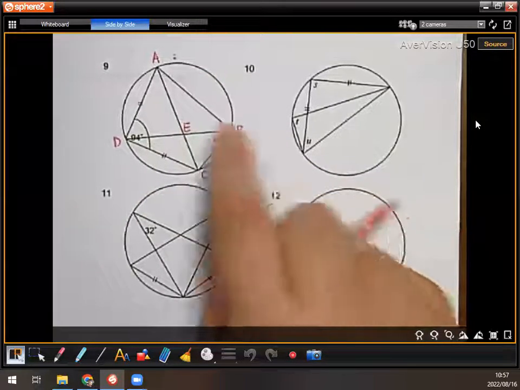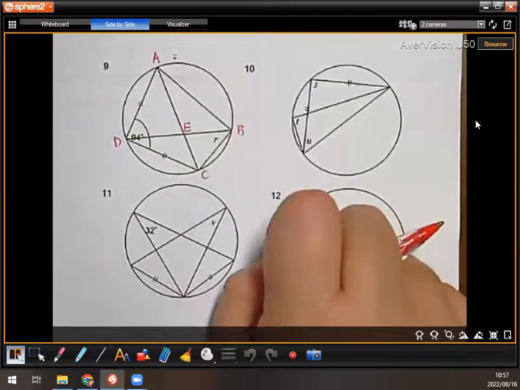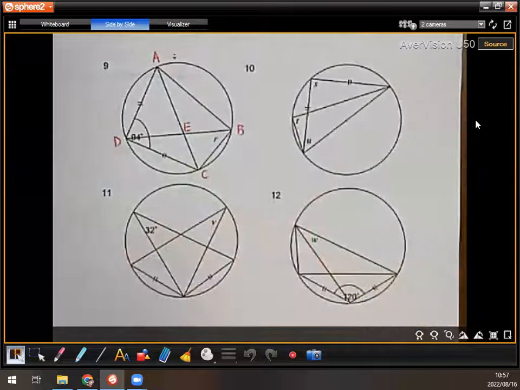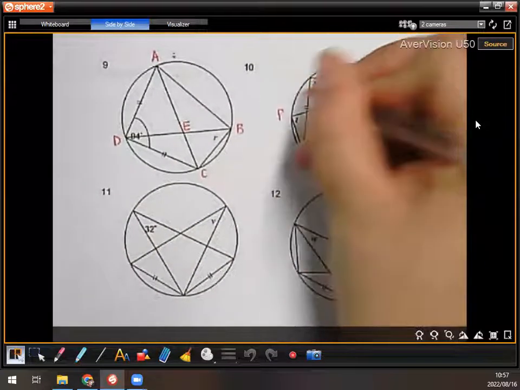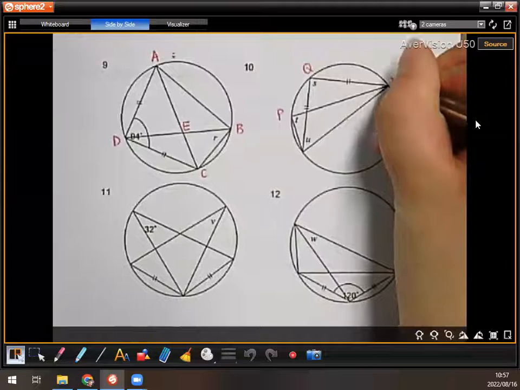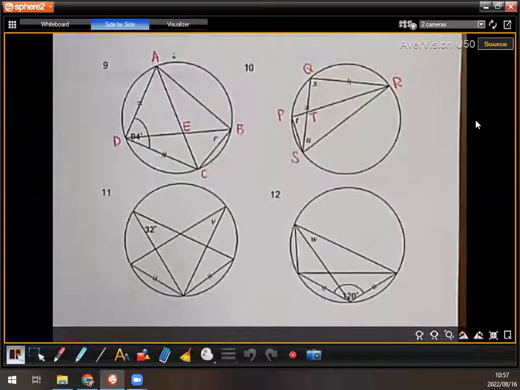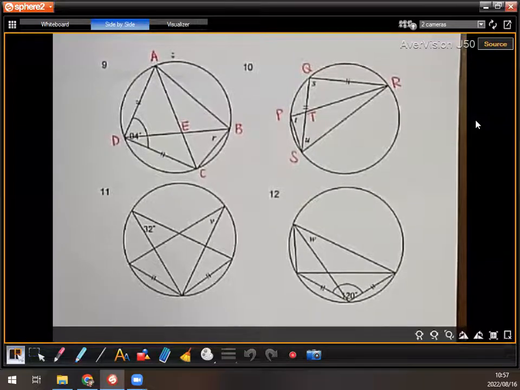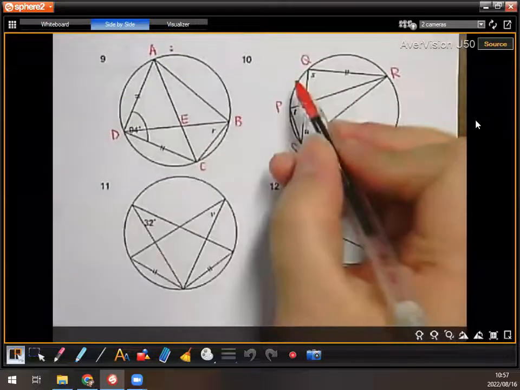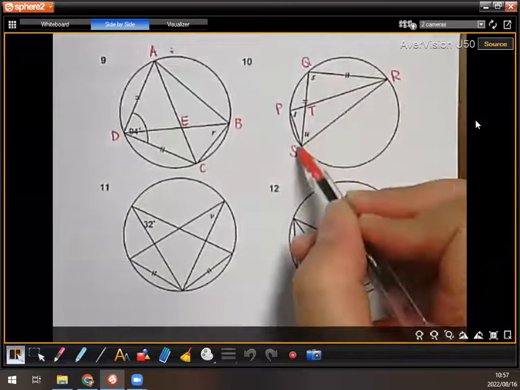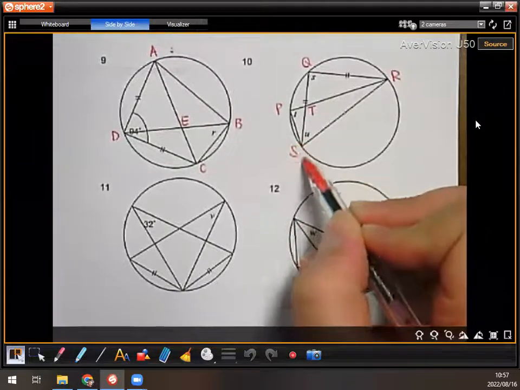All right, so you will then be able to label the angles if you're working on other angles before you get to R, and then we'll call this P, Q, R, S, and point T. If you want to calculate that little angle there, then you'll just call it PST.